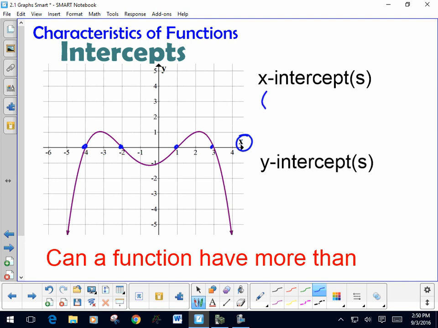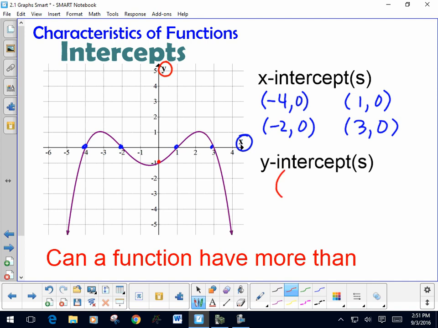Write them as points: (-4, 0), (-2, 0), (1, 0), and (3, 0). Again, please don't just write -4, -2, 1, and 3. Write them as points. And then for the y-intercept, we would focus on the y-axis. It just has 1 in this case, and it's the point (0, -1).